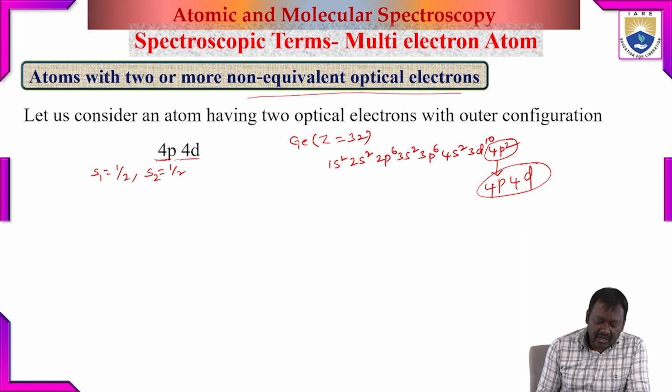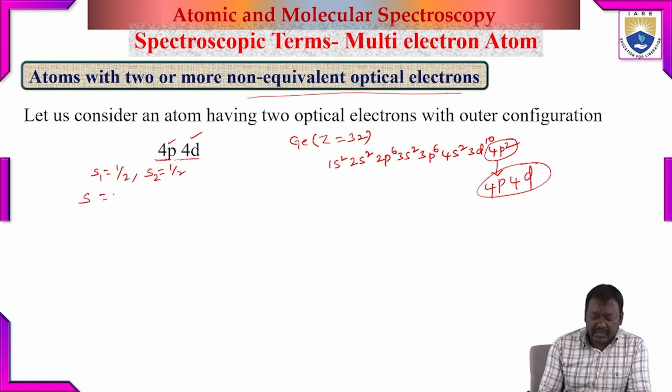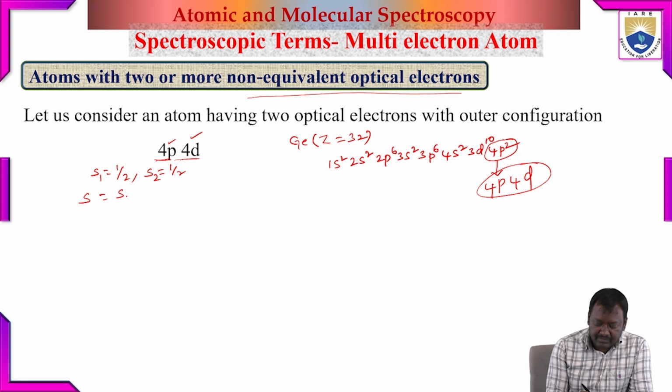So for the combination of these two electrons, we must find the total spin angular momentum. The total spin S must be equal to S1 minus S2 to S1 plus S2.